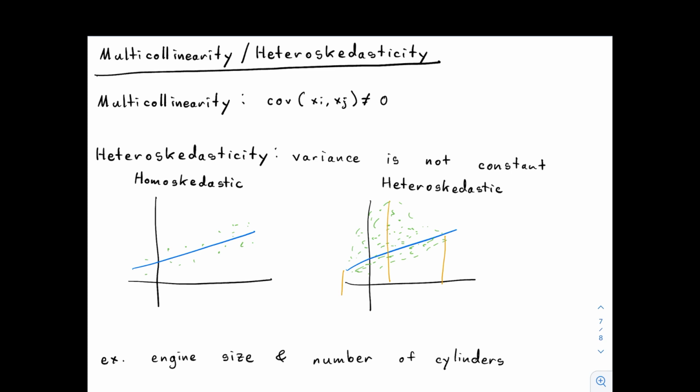But because your variance values and your standard deviation and standard error values associated to those different coefficients are no longer correct, things like hypothesis testing often will give you incorrect results, right?